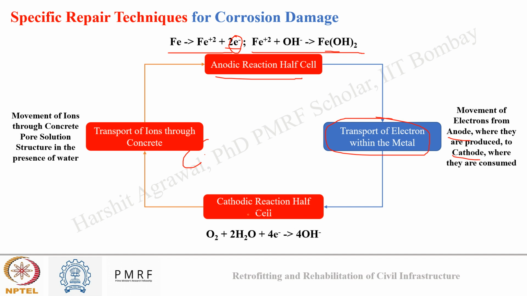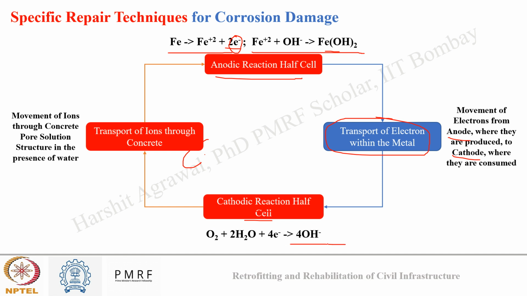The cathodic half cell is the site where oxygen, which is penetrating through the concrete, will penetrate till the steel surface, and now the oxygen will consume electrons and form the hydroxide ion.